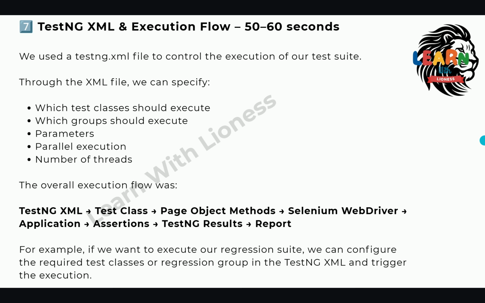The overall execution flow was TestNG XML, test class, page object methods, Selenium WebDriver, application, assertions, TestNG results, report. For example, if we want to execute our regression suite, we can configure the required test classes or regression group in the TestNG XML and trigger the execution.